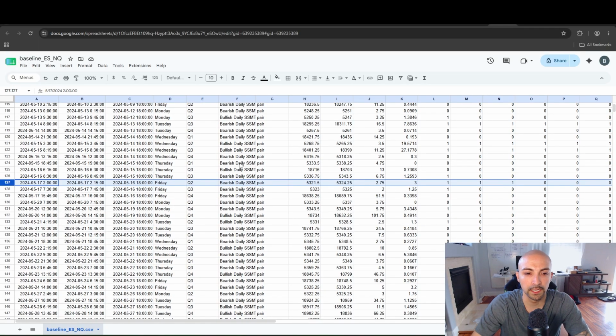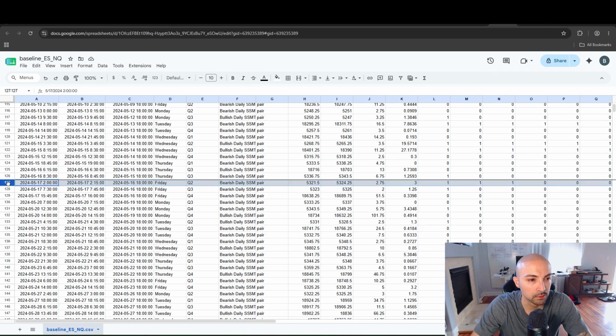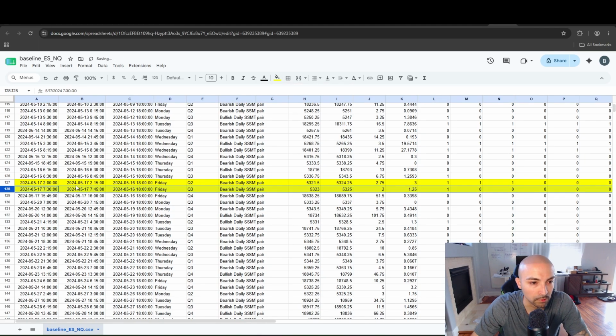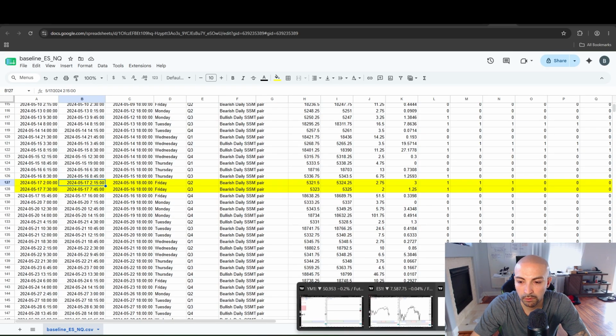I want to find a symmetrical one and an asymmetrical one as well. So I've got 2 examples: this one is on both, so this is going to be a symmetrical, and this one right here should be asymmetrical. So 5/17/2024, let's pull up the charts.